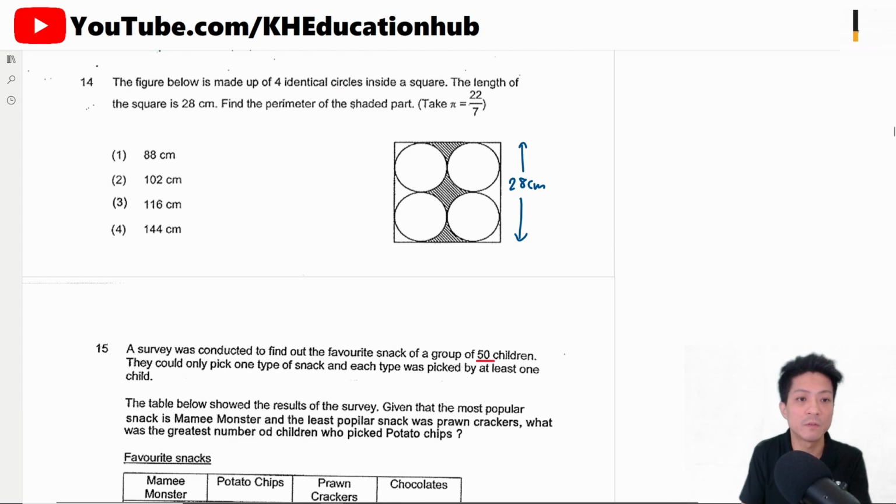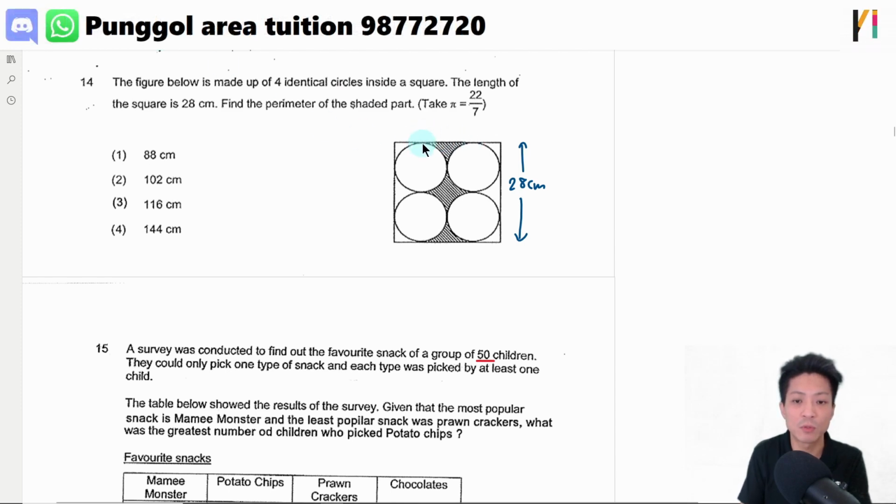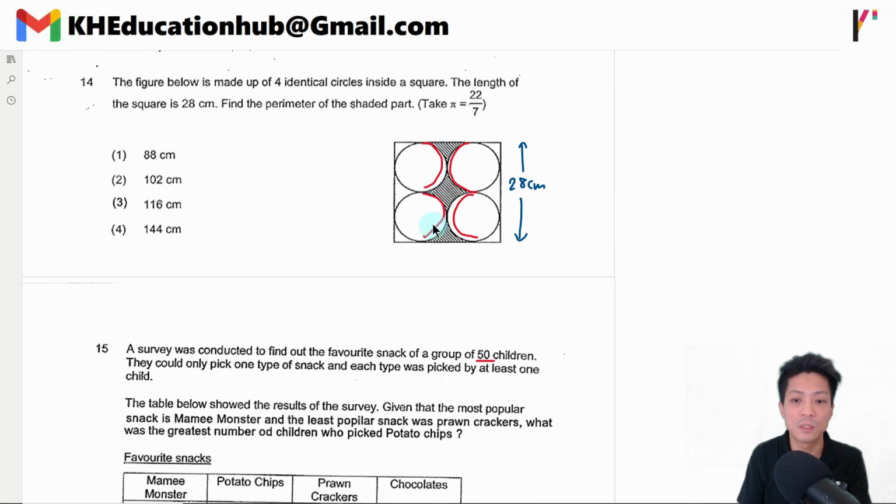Now, the first thing that I need to find is probably here, here, and here. The perimeter of the red lines will add up to become 2 circles.